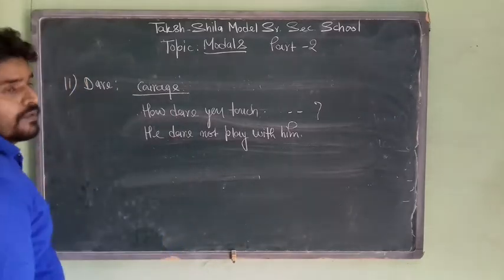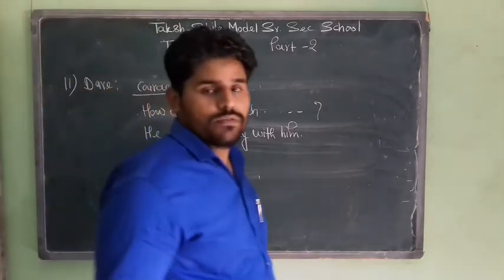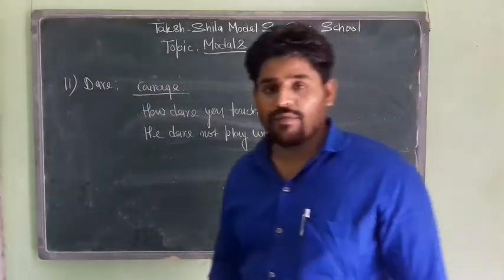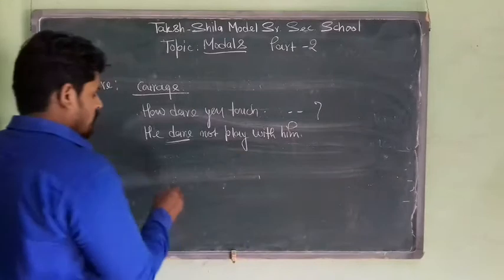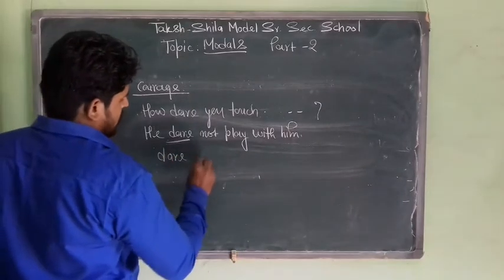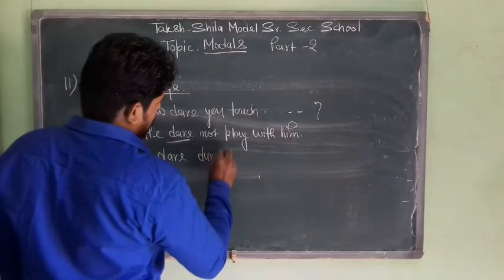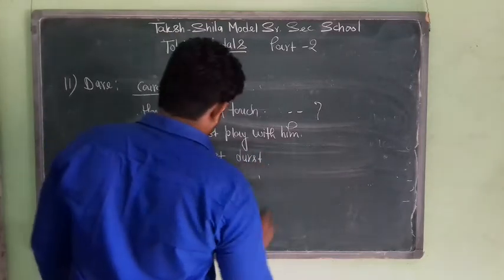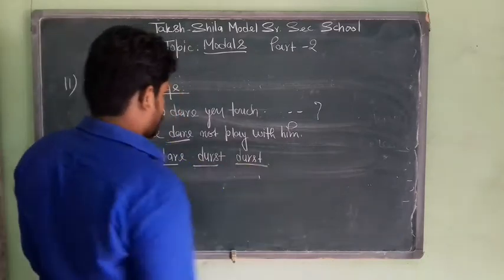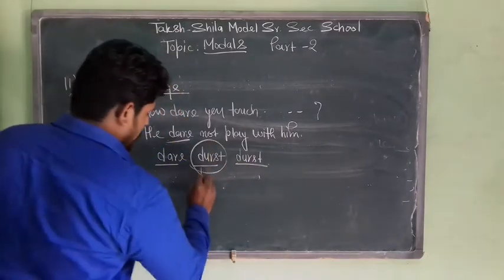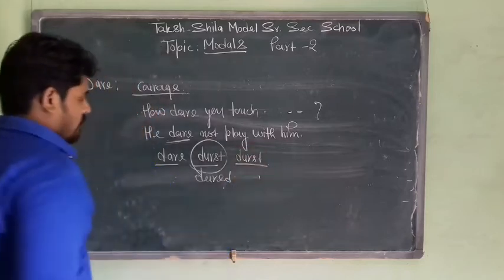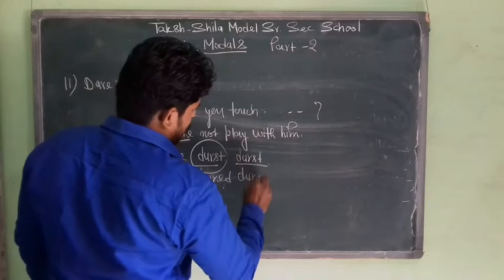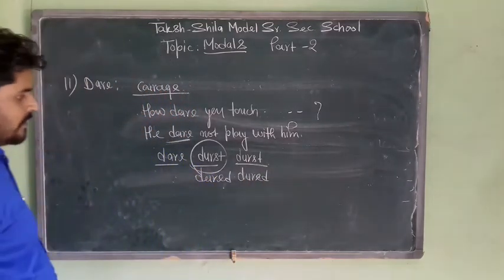And as I told you in the use of need, this dare can also be used as a main verb. So when we use it as a main verb, the forms we have are dare, durst and durst. So dare, durst, or we have dared as well. So durst and dared, we have two forms for the past and past participle, right?